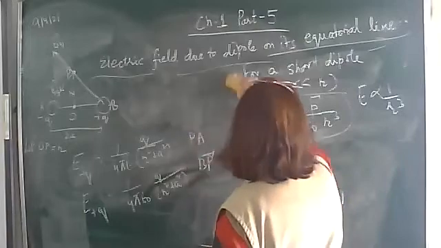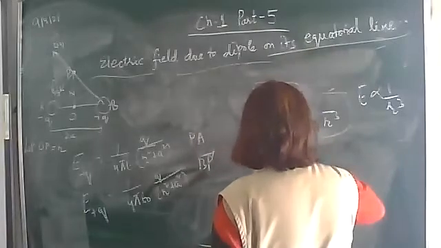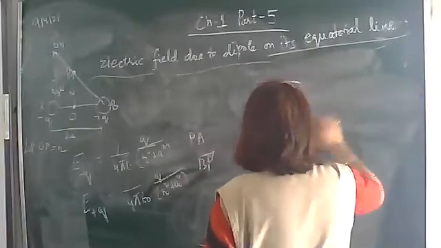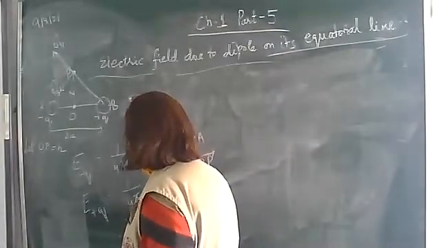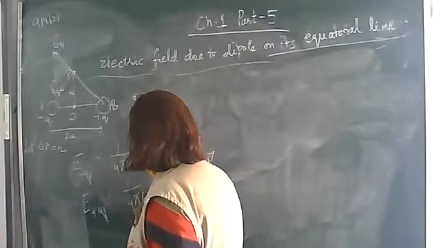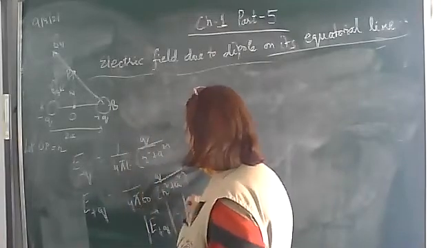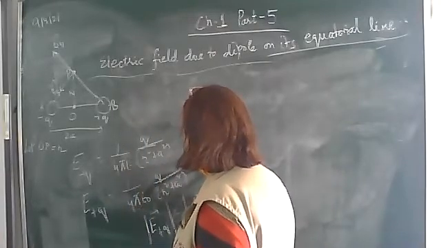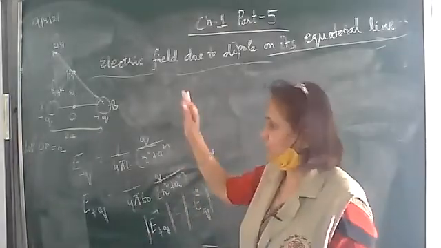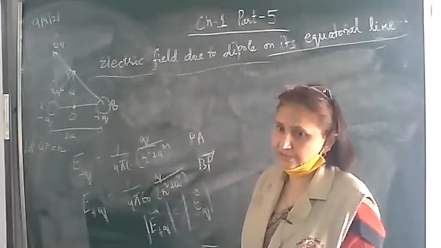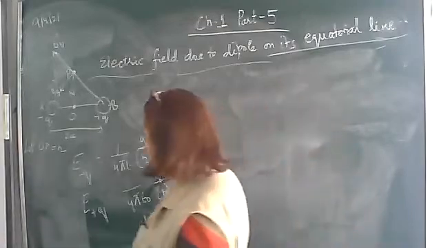What to do? Here we see that magnitude is the same. Magnitude of E plus Q vector is equal to magnitude of E minus Q vector. Magnitude is the same, but the directions are different. So the resultant electric field we have to find out.